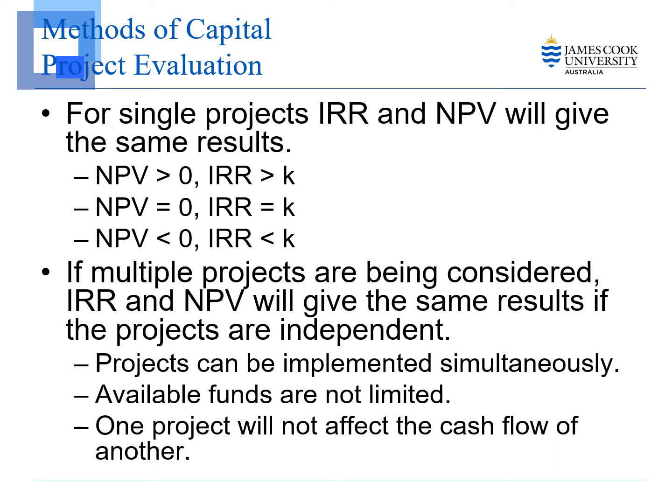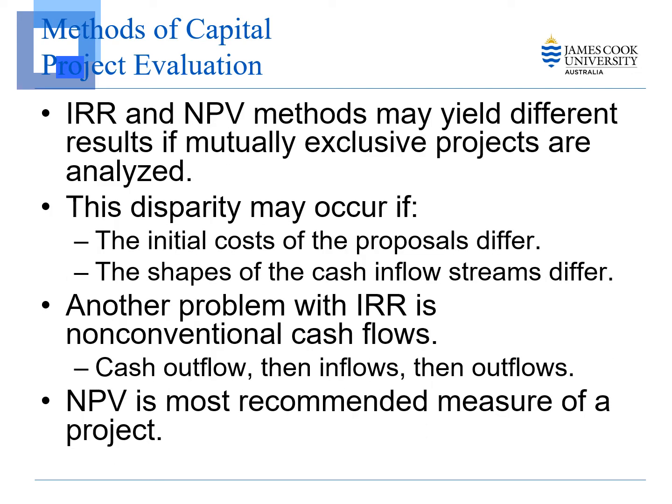And implementation of one project does not affect the cash flow of the others. In such cases, if these projects are independent, then IRR and NPV result in the same decision. In contrast, they might end up with different decisions if we are assessing mutually exclusive projects.